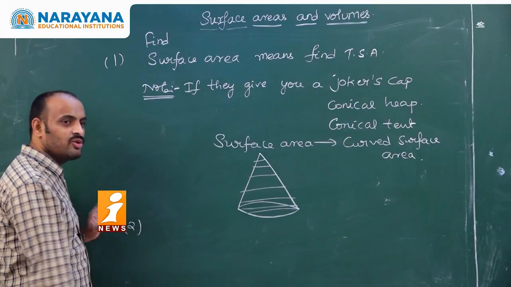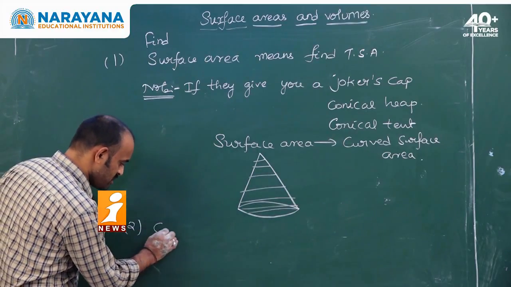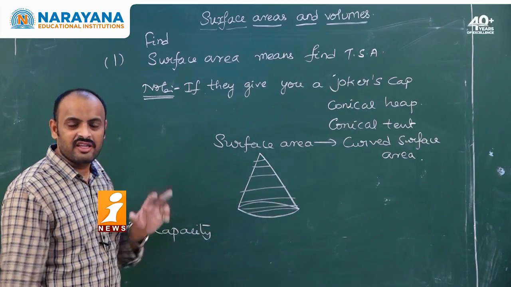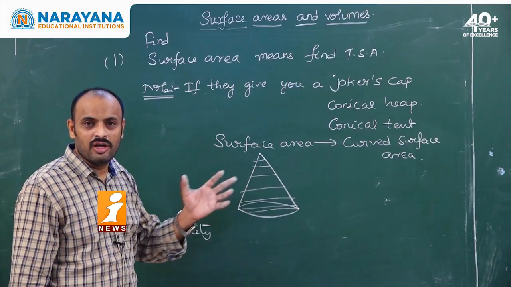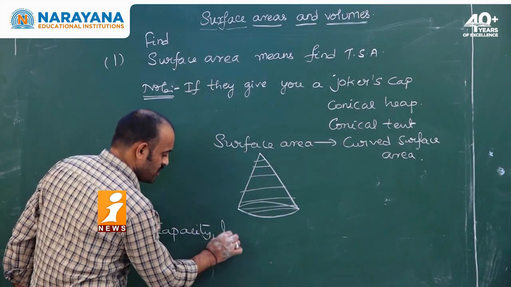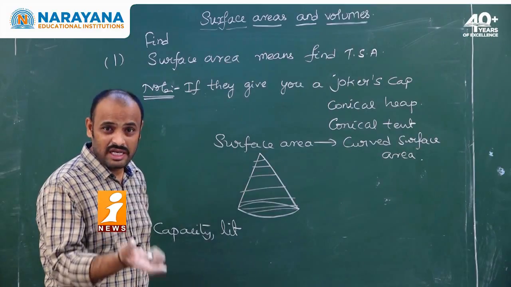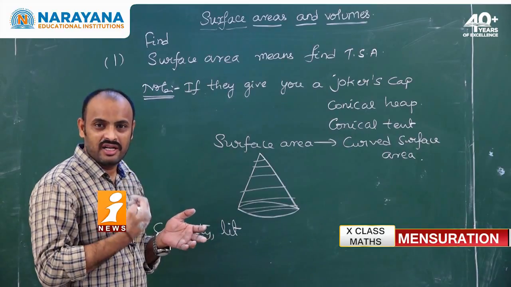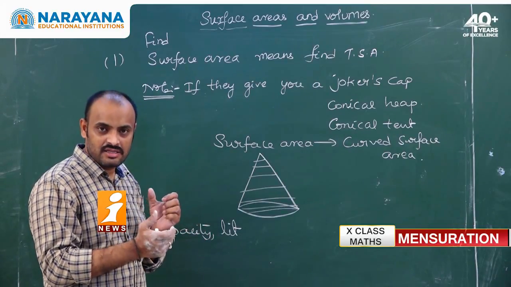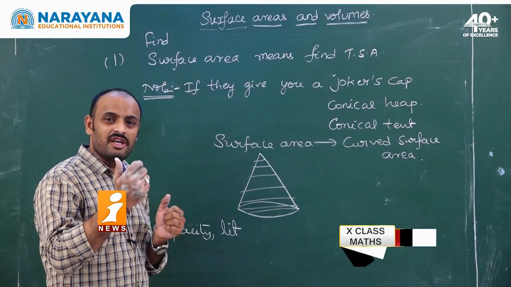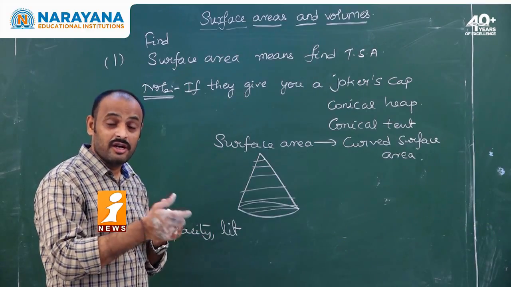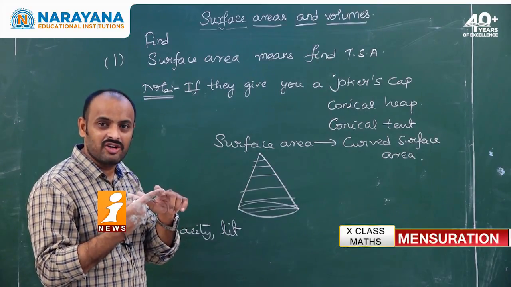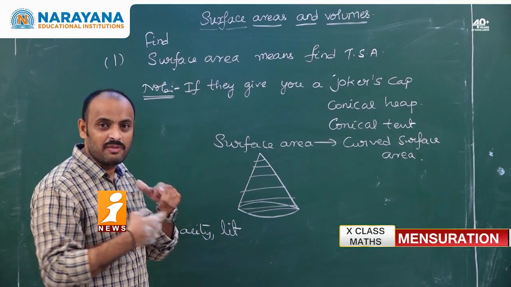So when to use volume? Capacity. Find the capacity of the tank, find the capacity of the body, how much it can hold. How many liters of milk the cylinder can hold, how many liters of water a man can take. Whenever they say liters, capacity, or if they mention cubic units, which means 3 dimensions, length, breadth, height, or any dimension is given, it has to be multiplied 3 times.